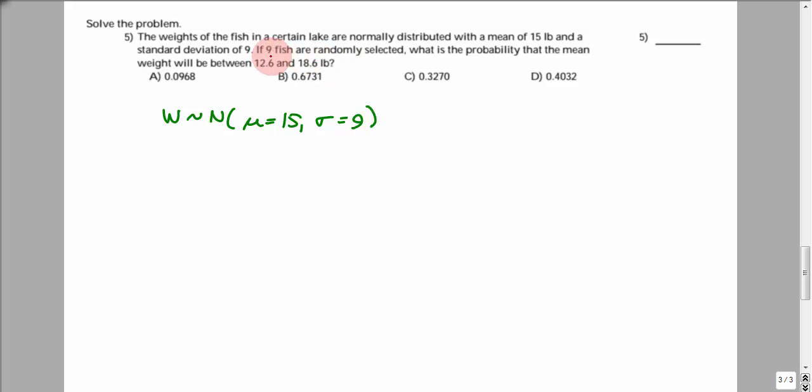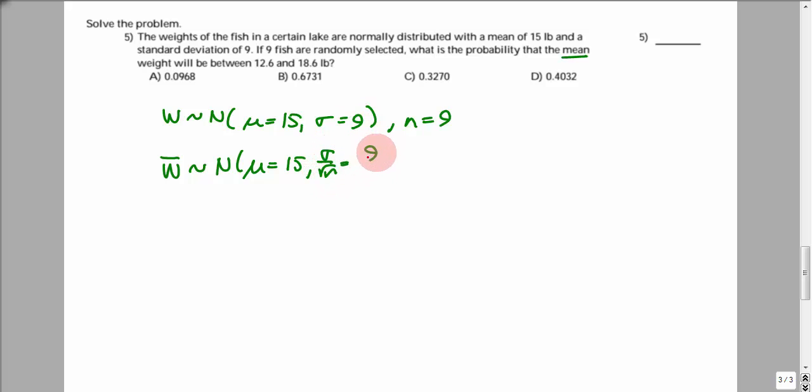Now this one is a little bit different. It says 9 fish are randomly selected. So then they tell us that n equals 9. It says what is the probability that the mean weight, the x bar here, will be between 12.6 and 18.6 pounds. Well, what that tells us is the average of the weights is distributed normally with the same mean, but the standard deviation is now sigma over the square root of n.